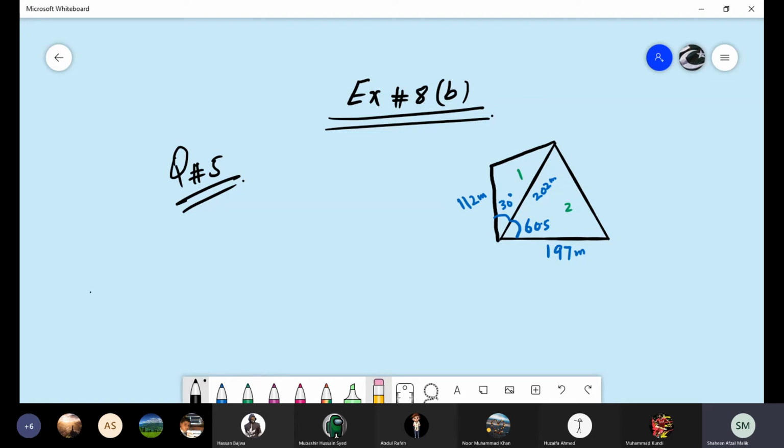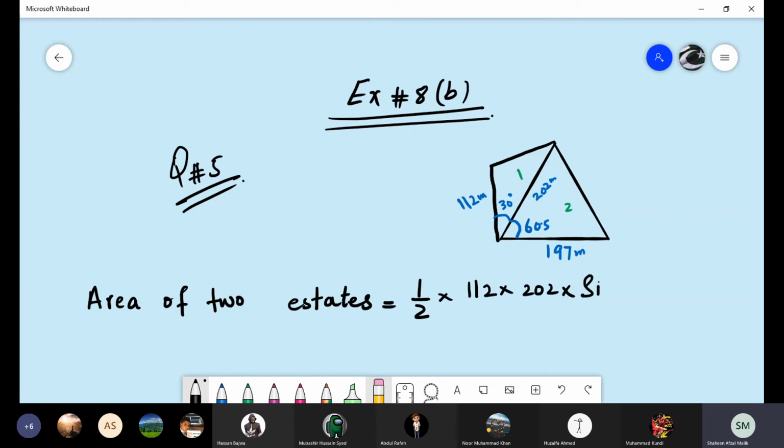Area of triangle is equal to 1 by 2, both together. Go for the first triangle: 1 by 2 multiplied by the sides 112 into 202, and the sine of the angle, sine 30 degree.